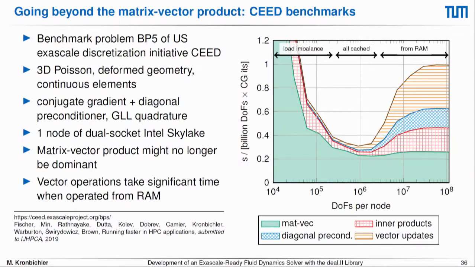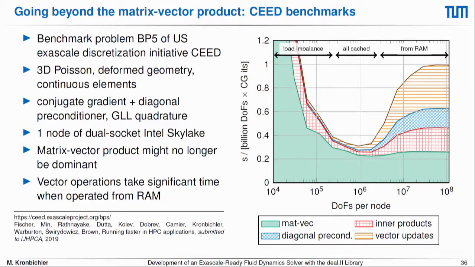Finally, something we observed for simpler solvers like Helmholtz solvers, and something where we interact very closely with the US exascale initiatives on discretizations, is that when you look at benchmarks on CPUs, nowadays we've spent a lot of work on optimizing matrix-vector products, the green part of the plot. When you look at the conjugate gradient with a diagonal preconditioner, one of the simplest algorithms, and actually useful in fluid dynamics for Helmholtz equations, that's the preconditioner you typically choose, the diagonal of the matrix.